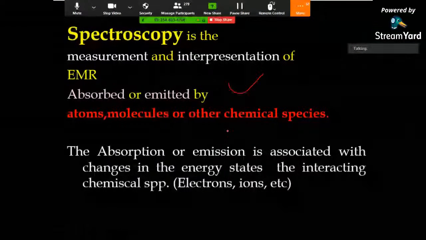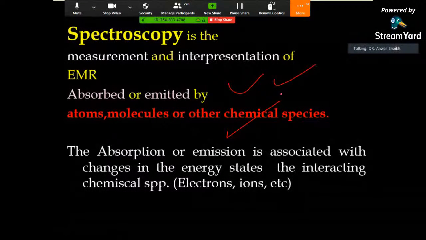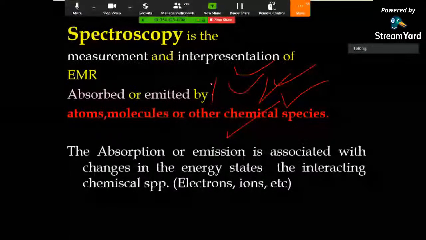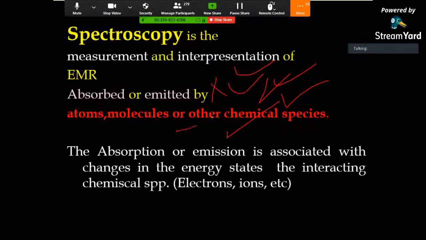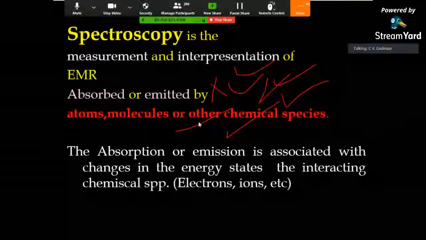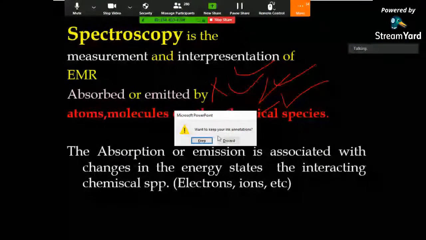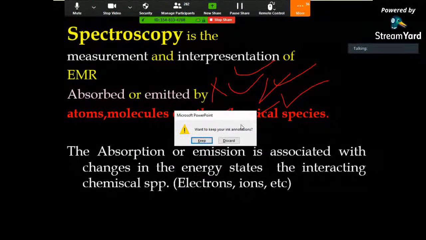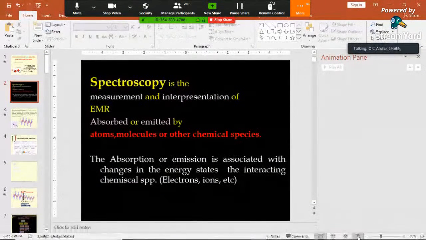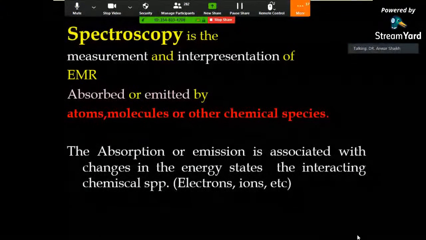Whatever I am marking with the red pen, can you see that marking? I am underlining it. Yes, sir, it is visible. Sir, please raise your voice, the voice is very low.